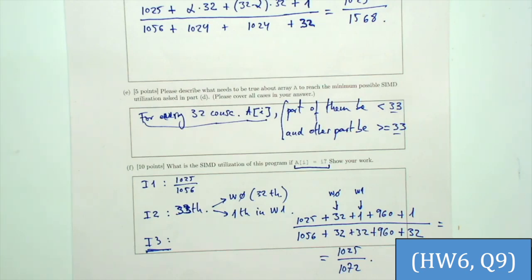Maybe in some exam some time ago we asked something like that, but it was clearly stated: now consider that there is dynamic warp formation. So in our exam you shouldn't use dynamic warp formation. By default, as I said, it doesn't exist, so you shouldn't consider it.